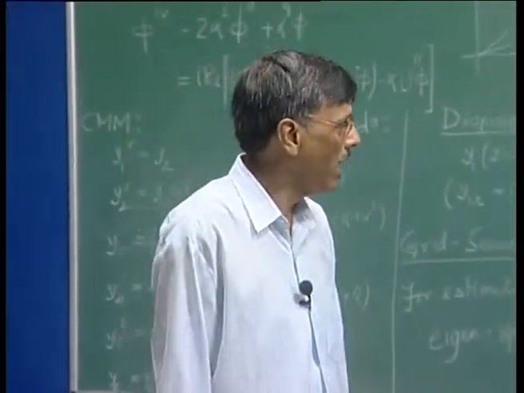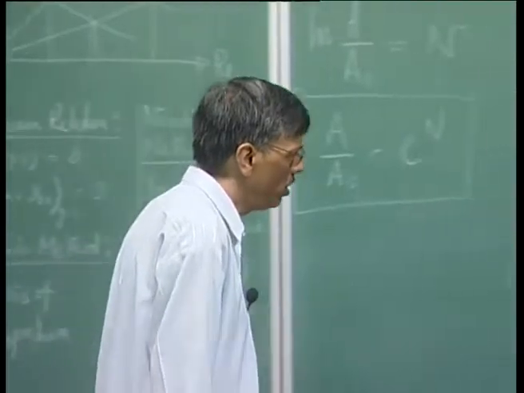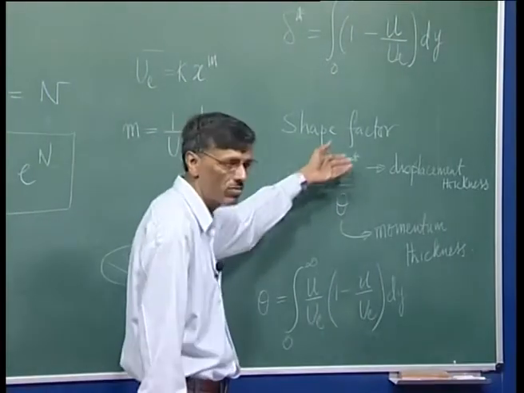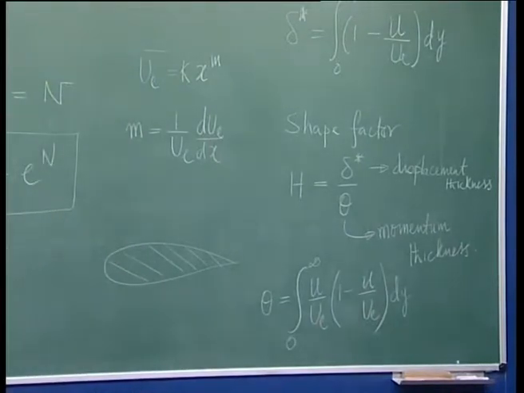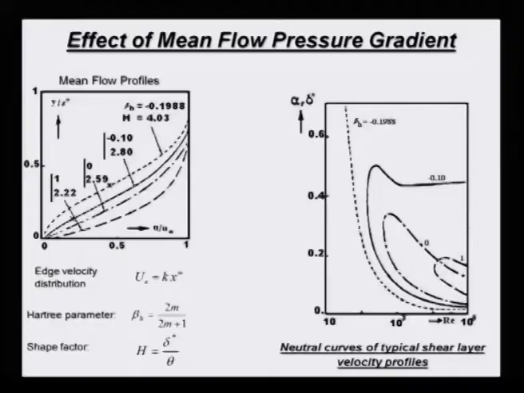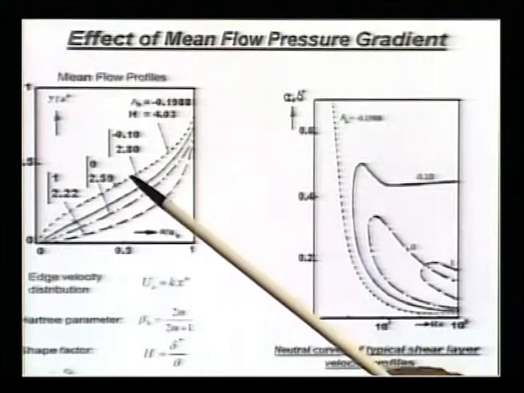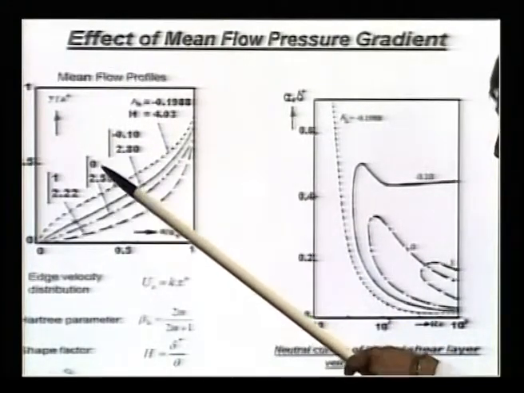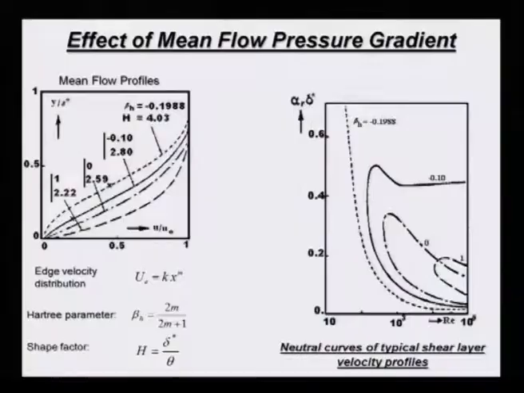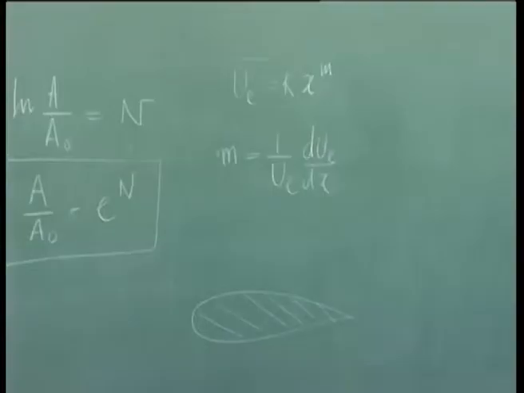And the shape factor tells you about the quotient of these two length scales, delta star by theta. And what we have done here is now the mystery of those two parameters will come. The first curve that we identified as the Blasius profile, the top one, represents m equal to 0.